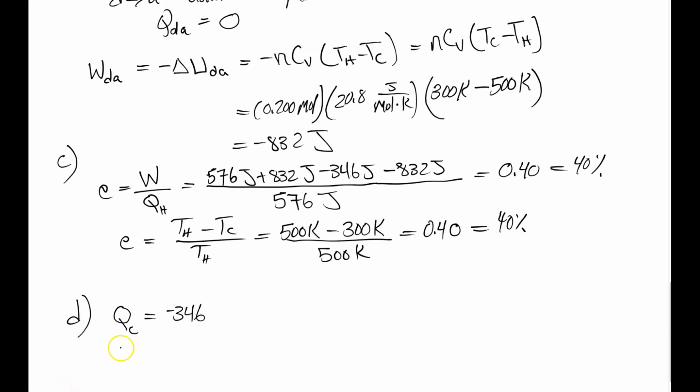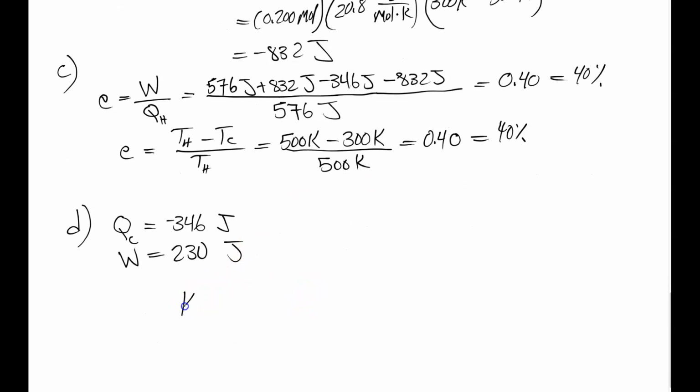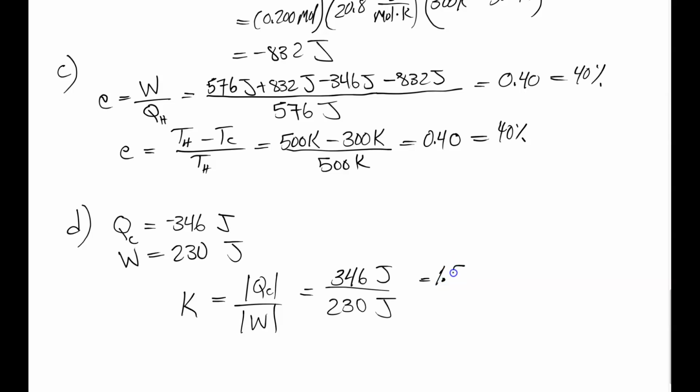So the Q at C is negative 346 joules, and the work done is going to be 230 joules, and the coefficient of performance, capital K, is the absolute value of Q_C over W. So this is 346 joules over 230 joules, which, if we round to significant figures, is 1.5.